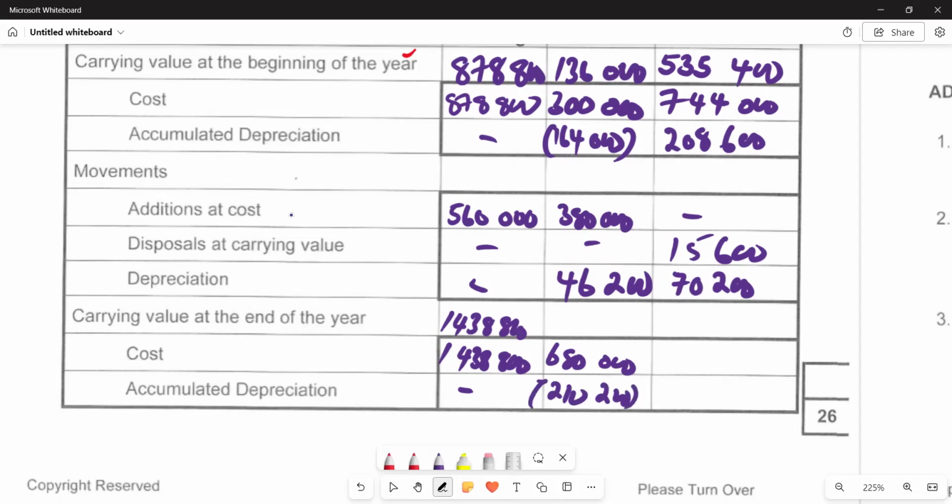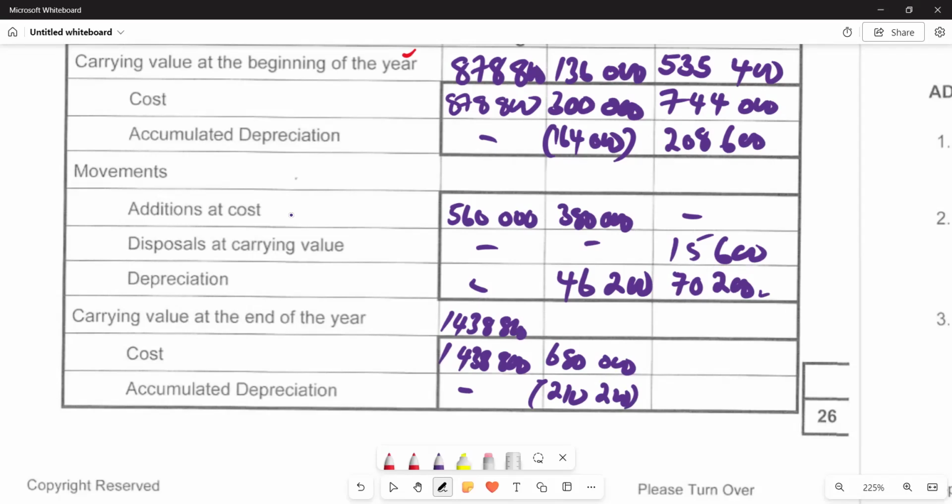Then we go to our equipment. Accumulated depreciation at the beginning is 208,600. We add depreciation for the year, and then we subtract disposal. We subtract accumulated depreciation for the disposed non-current assets.